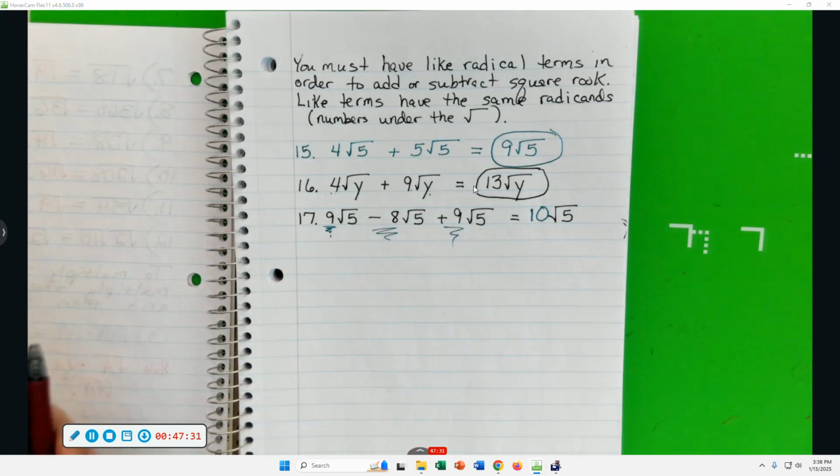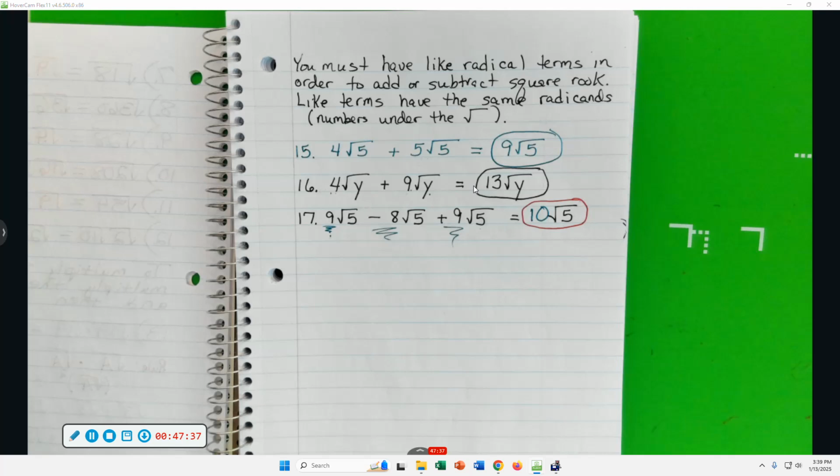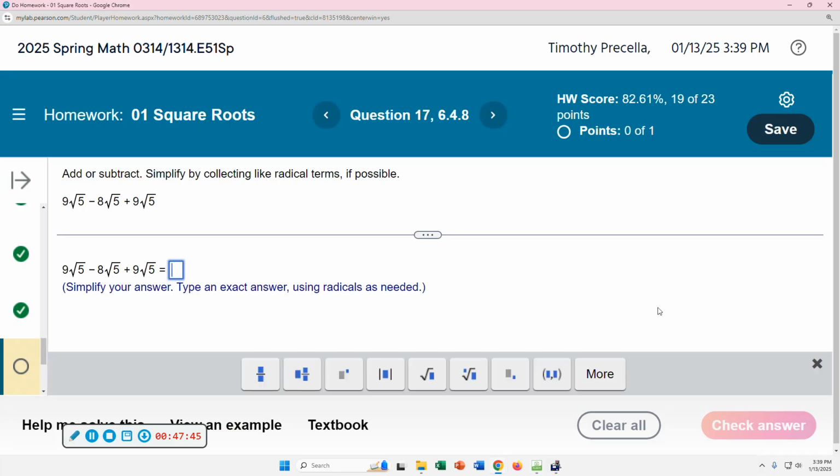Now see how I got 10 square root of 5 in that one? 10 square root of 5.